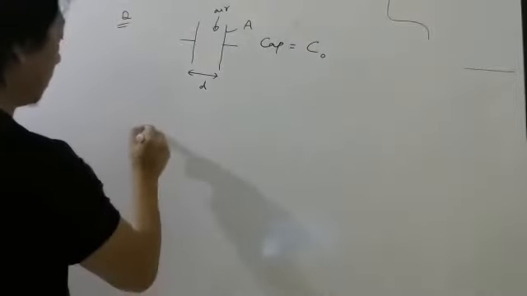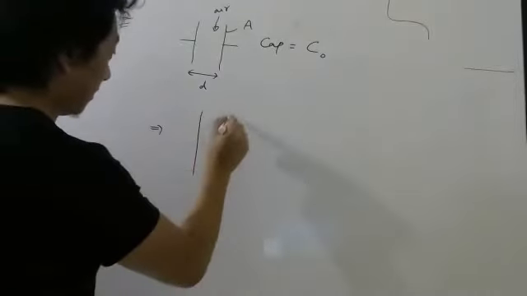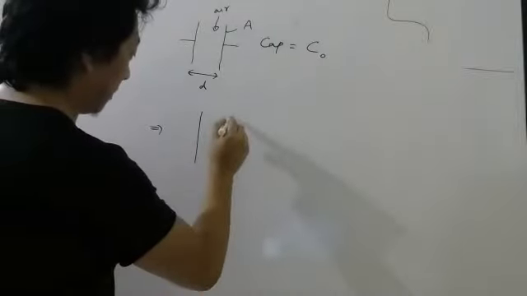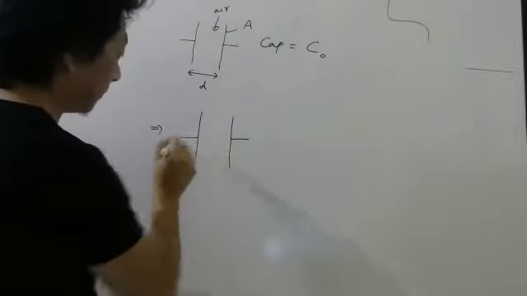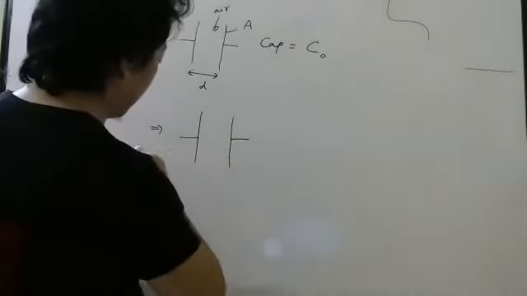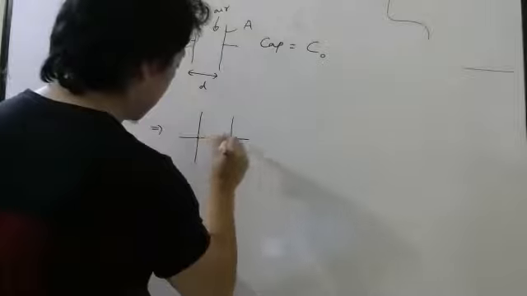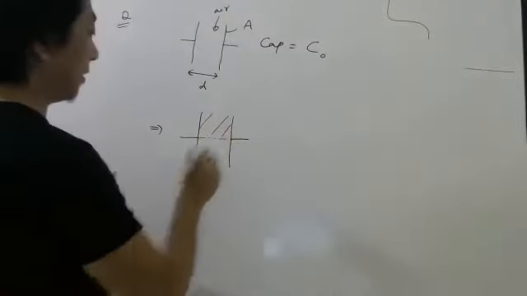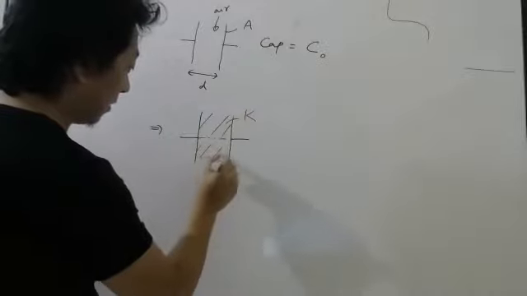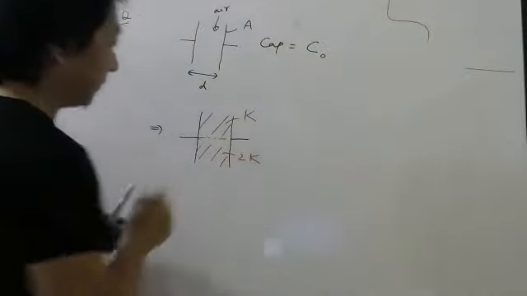Now what I do next is, I take the same capacitor, and exactly in the middle, I put one dielectric medium with dielectric constant K, and another one with 2K.